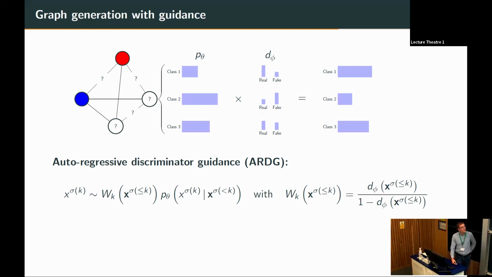There's no SMC in this algorithm. It just modifies the probabilities that come out from the pure generative model with the weights coming from the discriminator. We multiply these two together, normalize it, and then simulate from that instead.